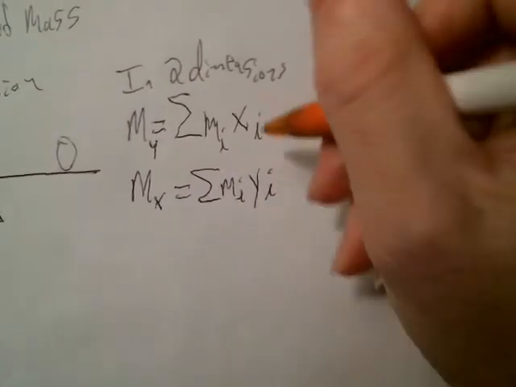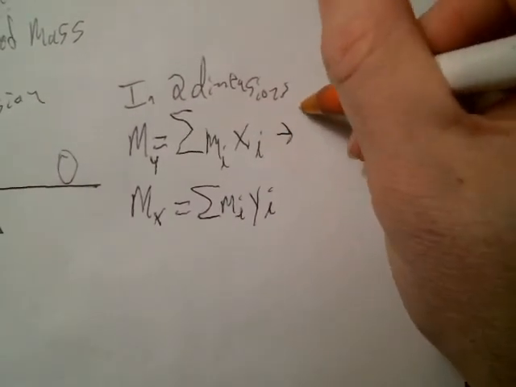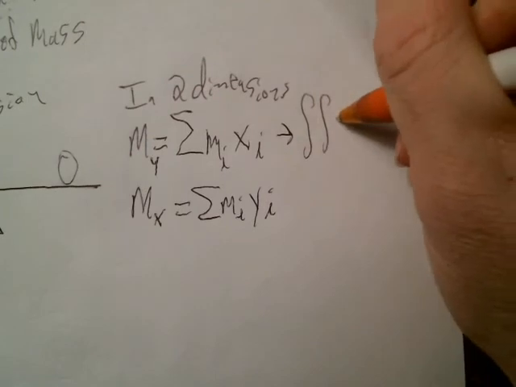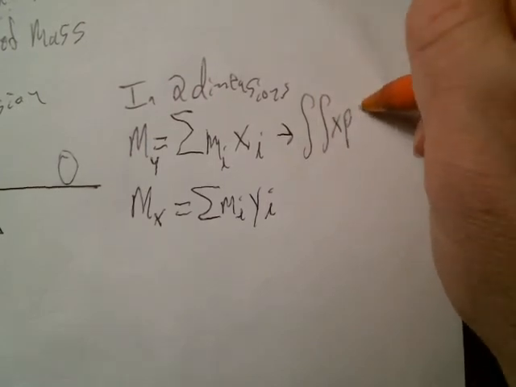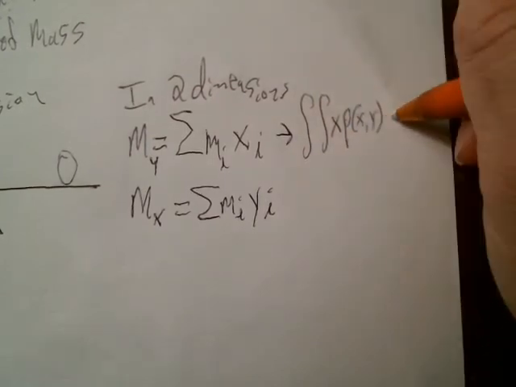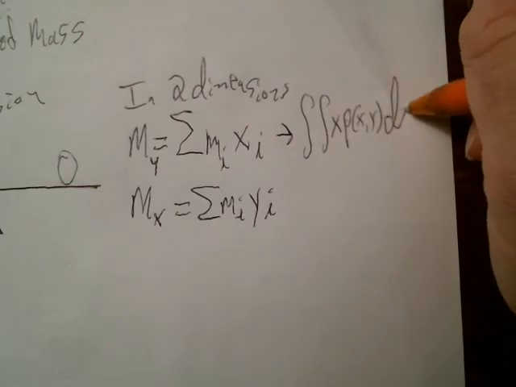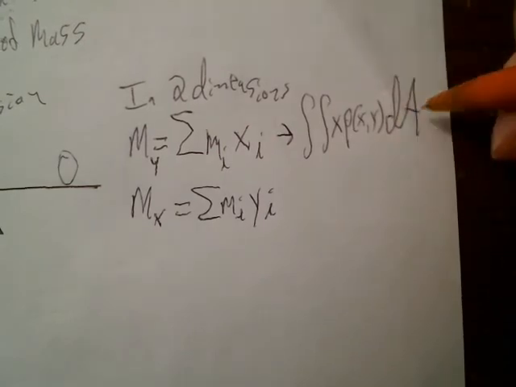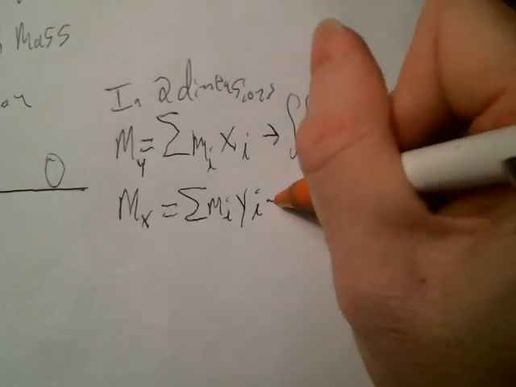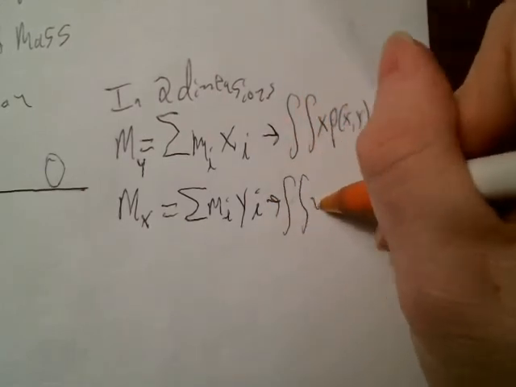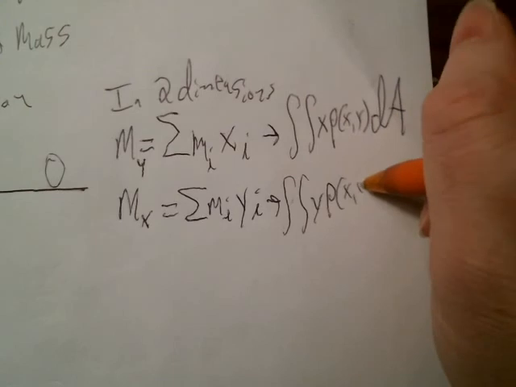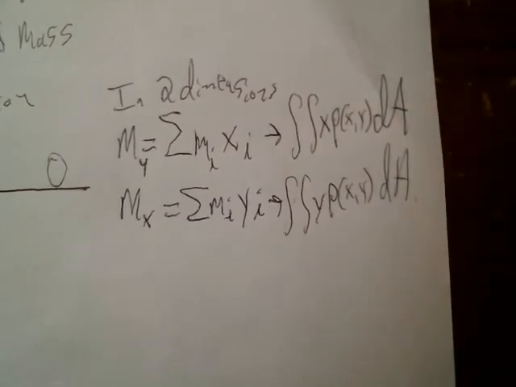For continuous objects, this became the double integral of x times rho of x, y, dy dx, or whatever, we'll just say dA. And then this other one becomes the double integral of y times rho of x, y, dA.